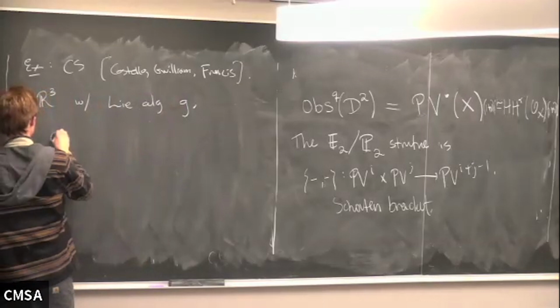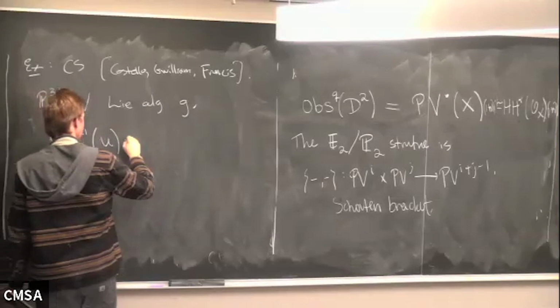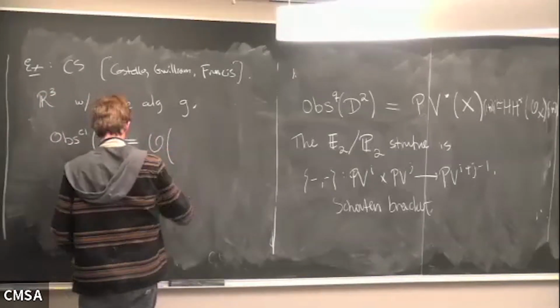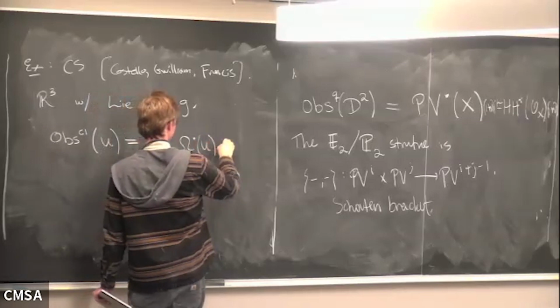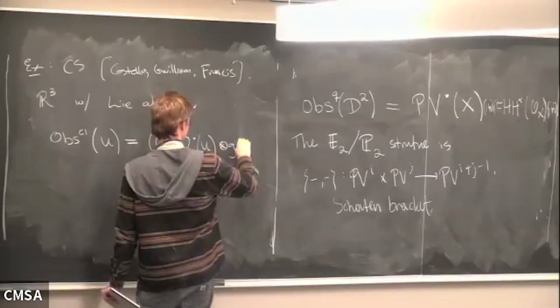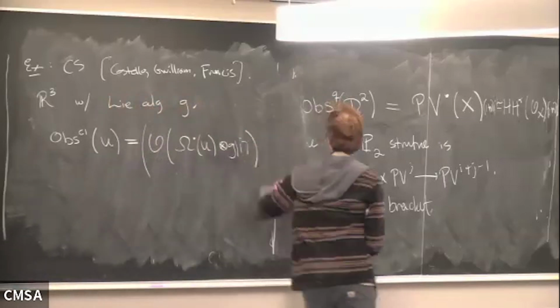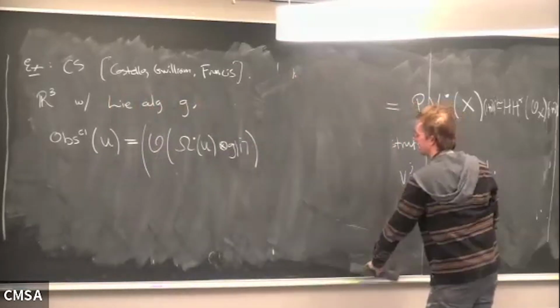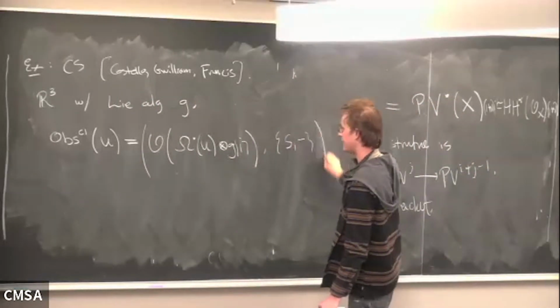Then in this case, the classical observables evaluated on an open set U, well, these are functions on that BV model for Chern-Simons, which was just the de Rham complex. But in this non-abelian case, I have an interesting differential, which is given by the BV bracket with the Chern-Simons action.